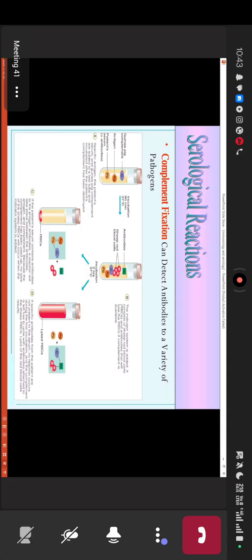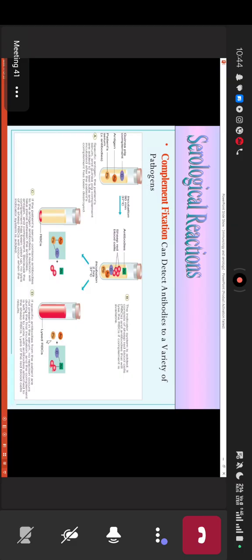So it does not combine with the sheep antibodies, so no lysis occurs in tube C. If the patient serum contains antibodies to that particular type of antigen, a reaction will take place between the antigen, the antibody and complement. Because the complement has been used up, there will be no lysis of sheep RBC when the indicator system is added.